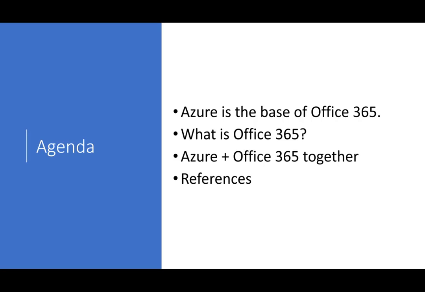Then, after understanding what is Azure and how it works, and what is Office 365, how it works, what services are there, we're going to talk about how they sit together and deliver the best software as a service platform to us. But always when it comes to development, we look at the opportunities of how we can build custom code and where we should deploy those custom codes to extend the platform, whether it's Azure or Office 365.